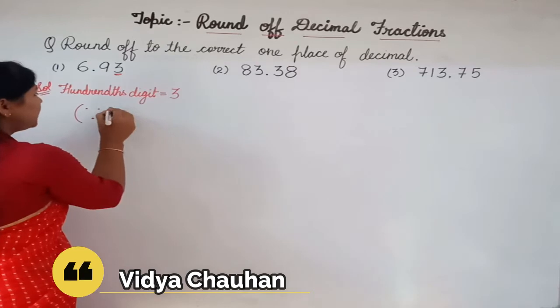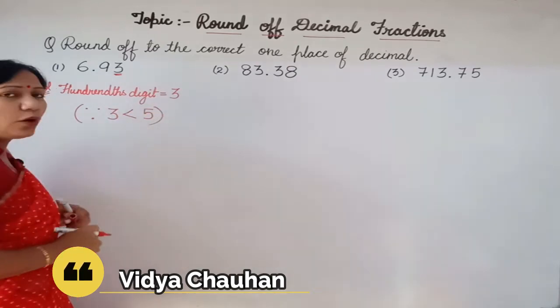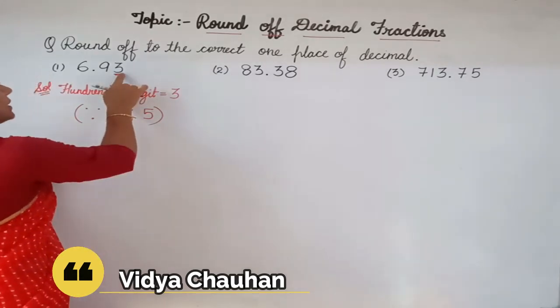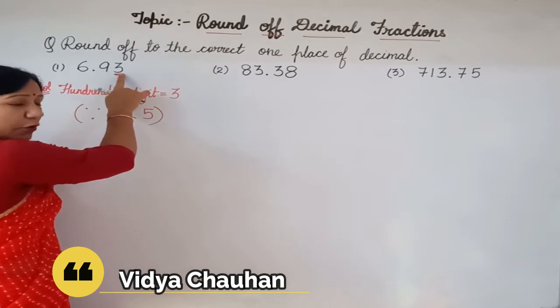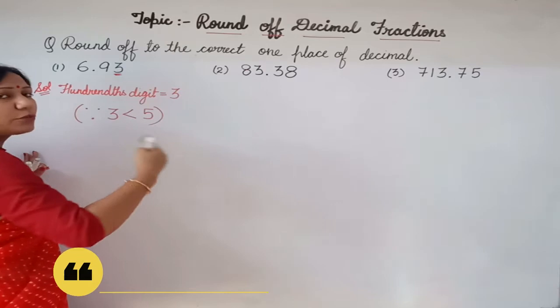Since 3 is less than 5, this digit will become 0, and the digits after it will also become 0.